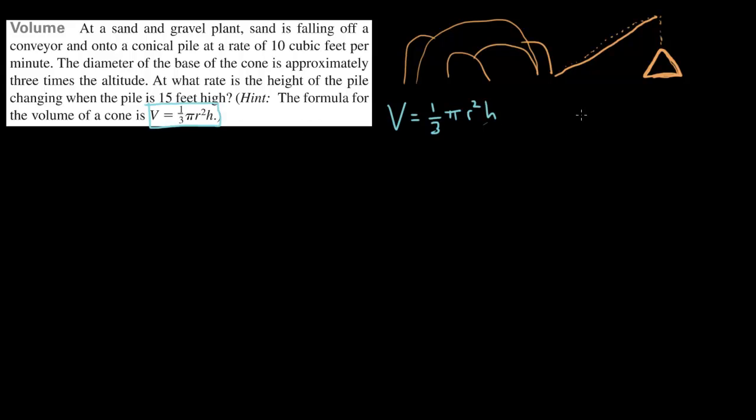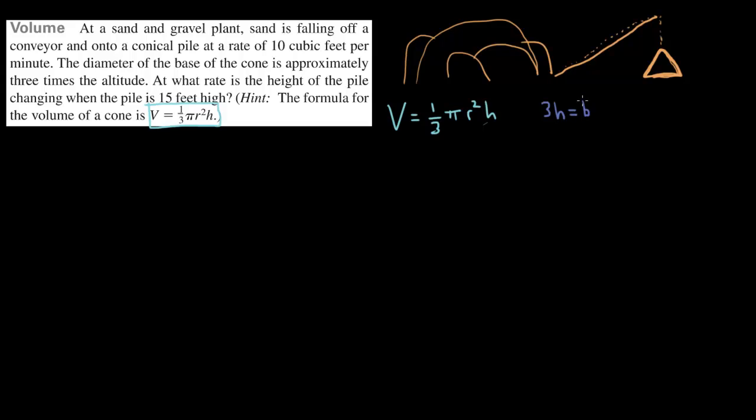We're told that the diameter of the base is 3 times the altitude. So the altitude is the height. So the height equals, let's see, the diameter of the base of the cone is approximately 3 times the altitude. So 3 times the height equals the base.